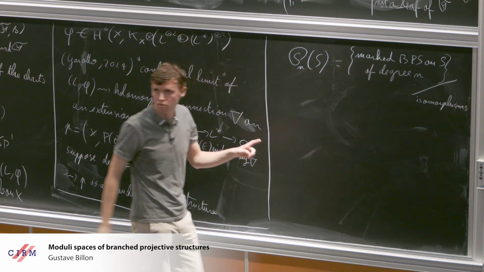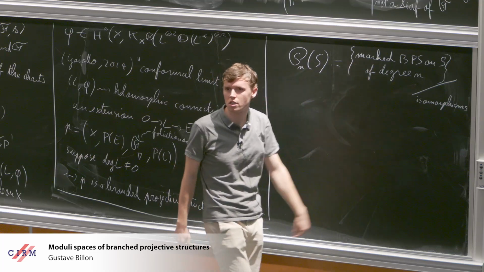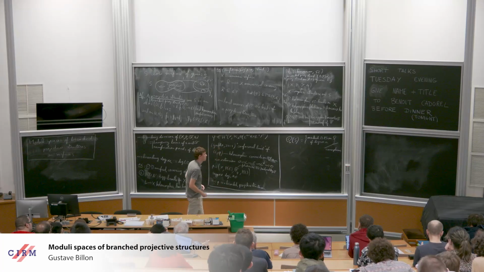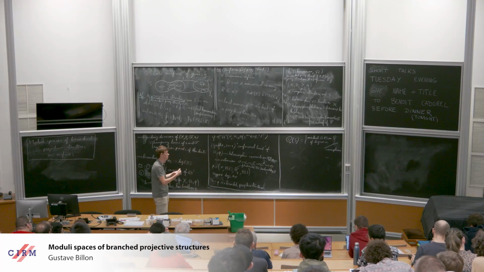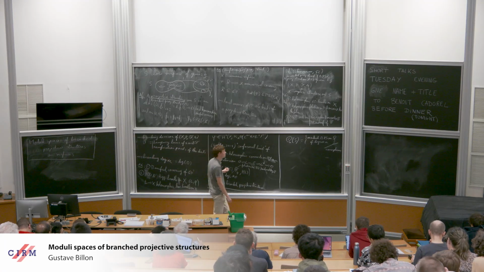The fact that I take marked branched projective structures means that I quotient only by isomorphisms whose underlying diffeomorphism of S is isotopic to the identity.